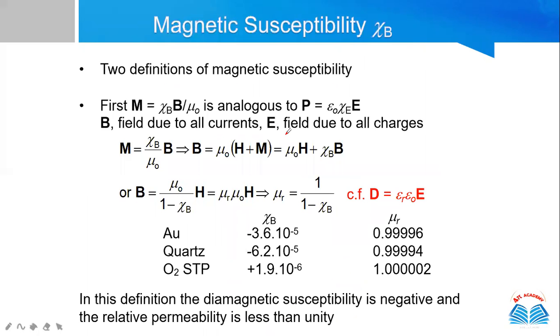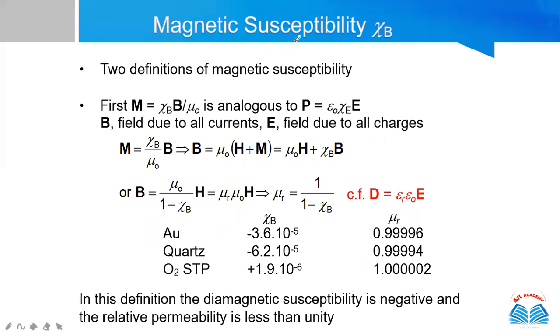Some more formulas. Magnetic susceptibility. All these formulas you should always remember, because questions from these formulas come in your exams. The most important things only we are taking in these lectures, because there is not much time left now, so we can't waste time.